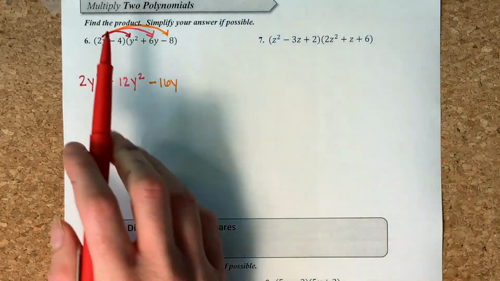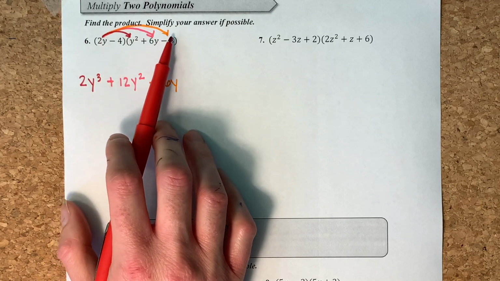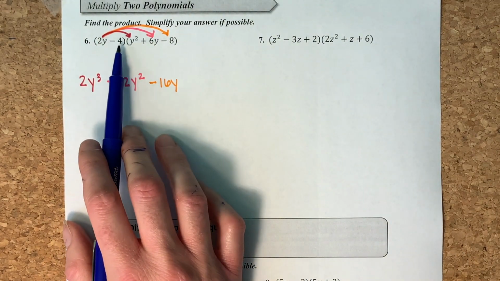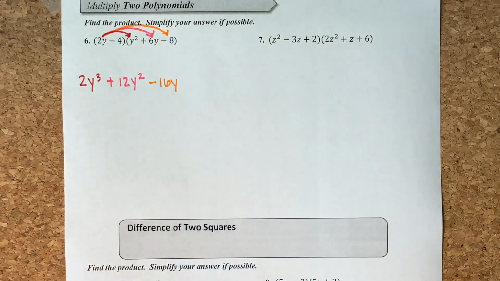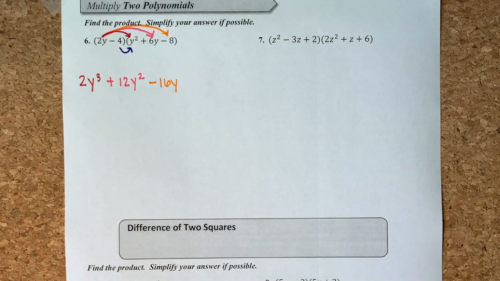Okay, so we've taken this first term and distributed it to each of the quantities in that second parentheses. Next, we're going to take this term and distribute it to each of the quantities in the second parentheses. So first we'll take negative 4 times y squared to get negative 4y squared. Now we're going to end up with a whole bunch of terms here, so I recommend that you line up like terms.